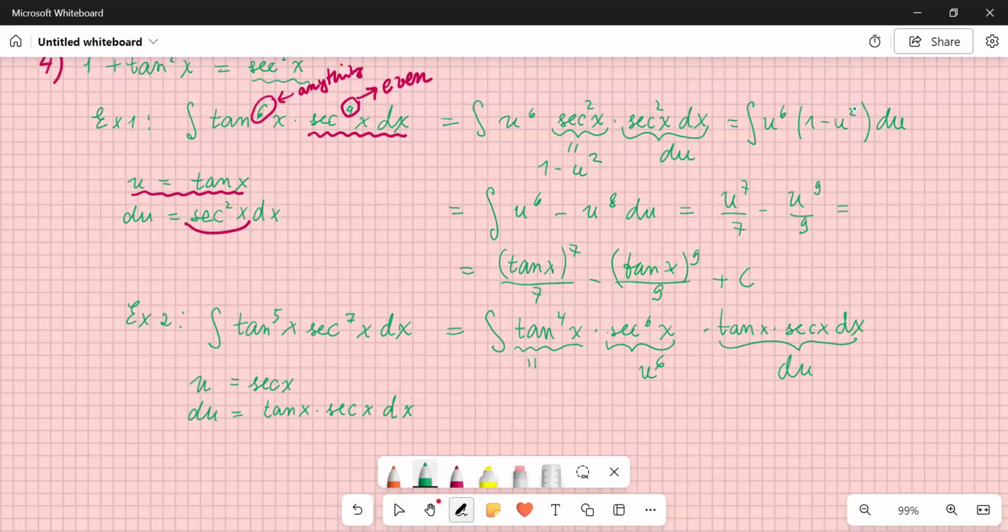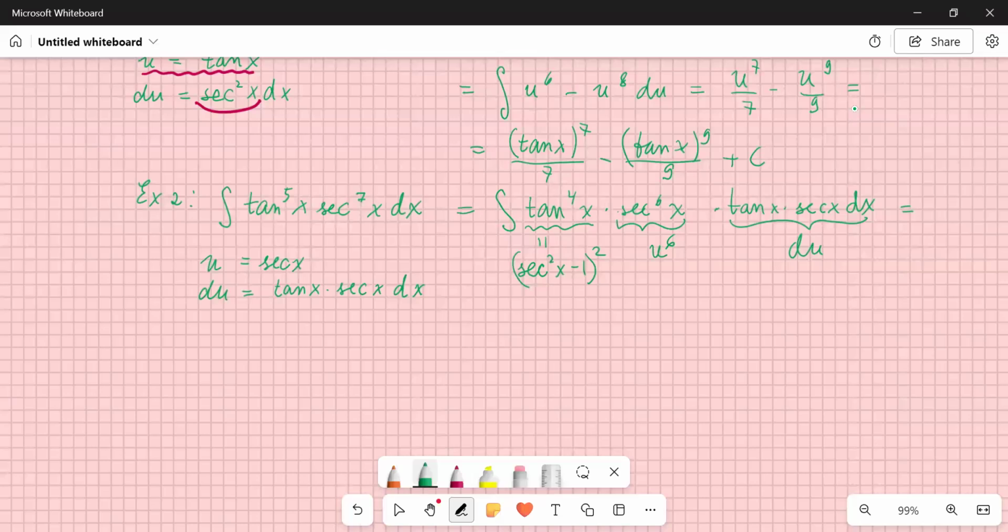So I'm going to have secant square minus 1 here, and that's going to be tangent square, but because it's squared, we're raising one more square. Okay, so let's look at the final expression. u square minus 1 squared, u to the power of 6, and du.